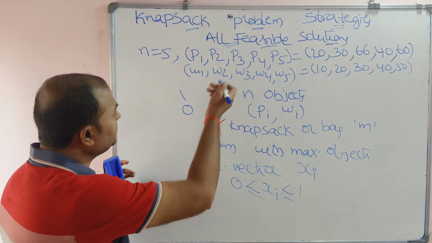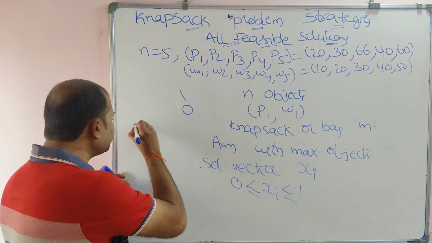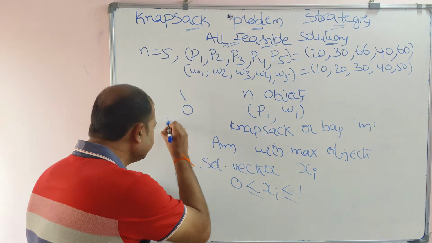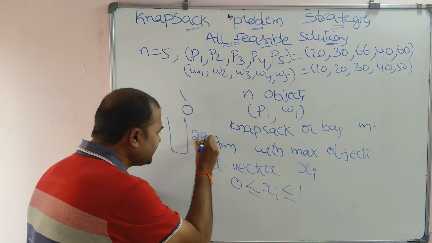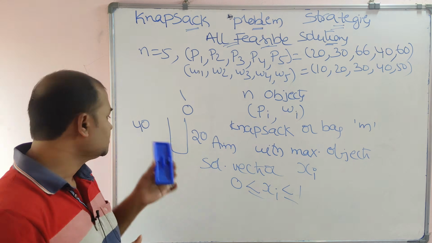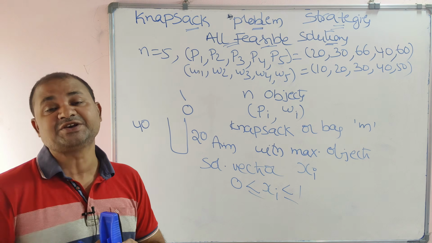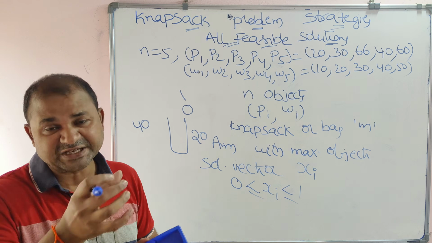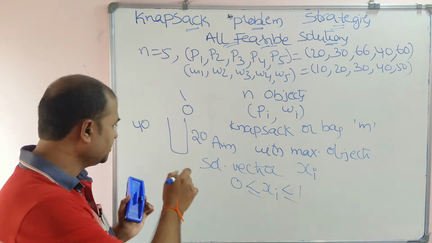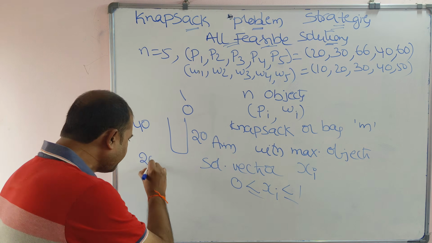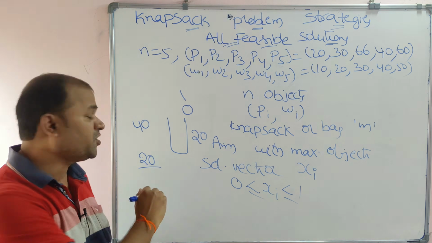Whereas let us assume that the weight of the object is 40 kg, while the remaining size of the knapsack is 20 kg. So we can't place 40 kg of the object in 20 kg of the knapsack. So on that occasion we can place only a fraction. Here the formula is the remaining size of the knapsack divided by the actual weight of the object.